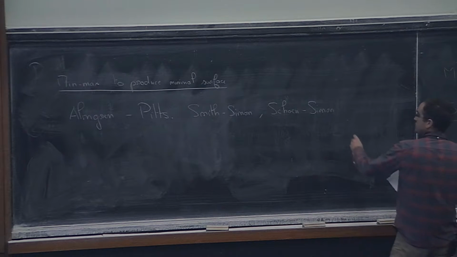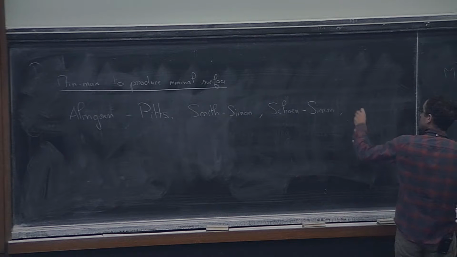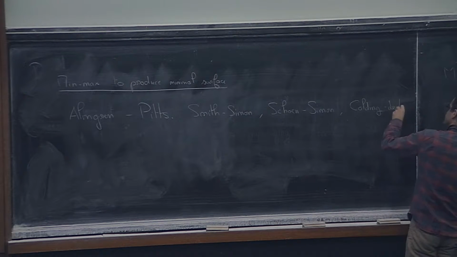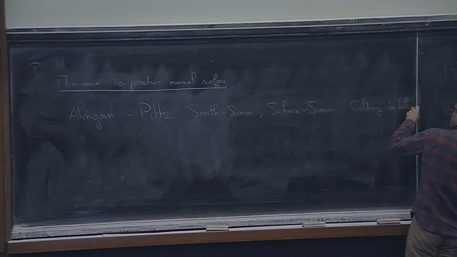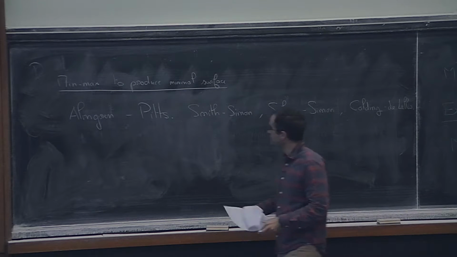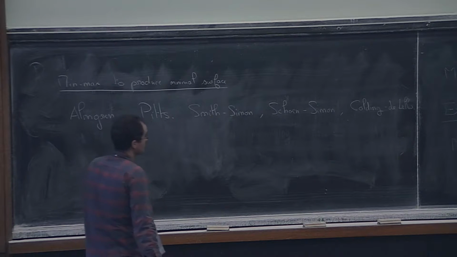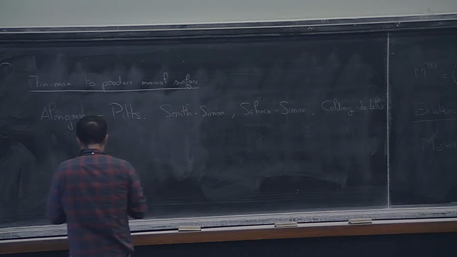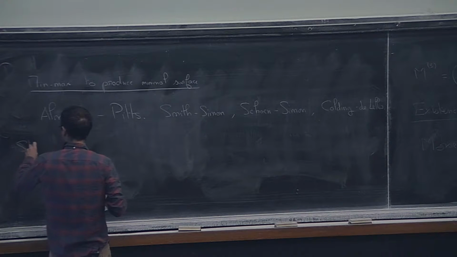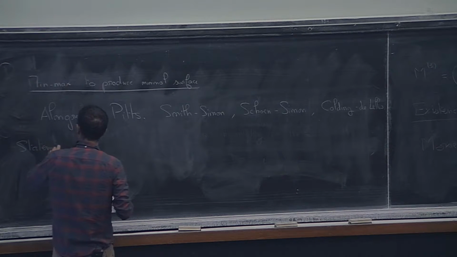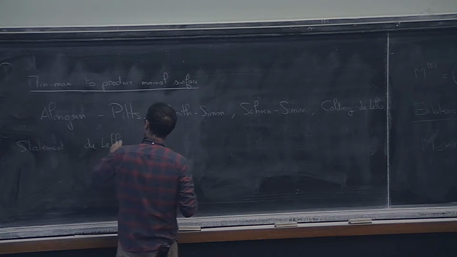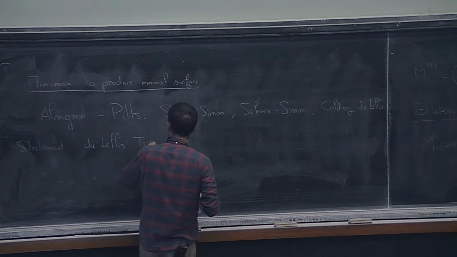And you have some other version, due to Colding and De Lellis, which is more recent. In fact, the theory I will present today is very close to the one developed by Colding and De Lellis. The statement I will give appears in a paper by De Lellis and Tasnady.